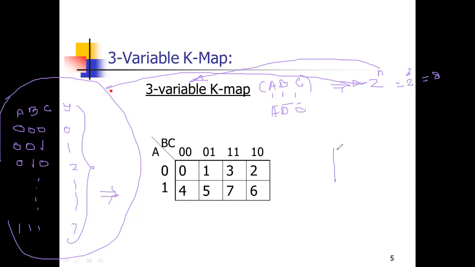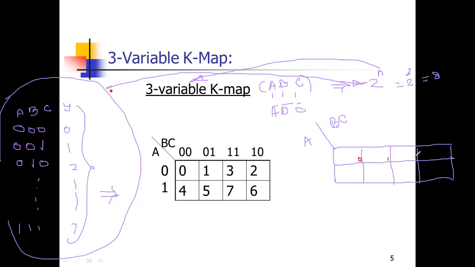So how to draw the Karnaugh map? Please listen carefully, this is the fundamental. Once you are strong in this, automatically you can solve this problem. Very simple. This is the three variables: one variable on one side, two variables on the other side. This is 0, then 1.